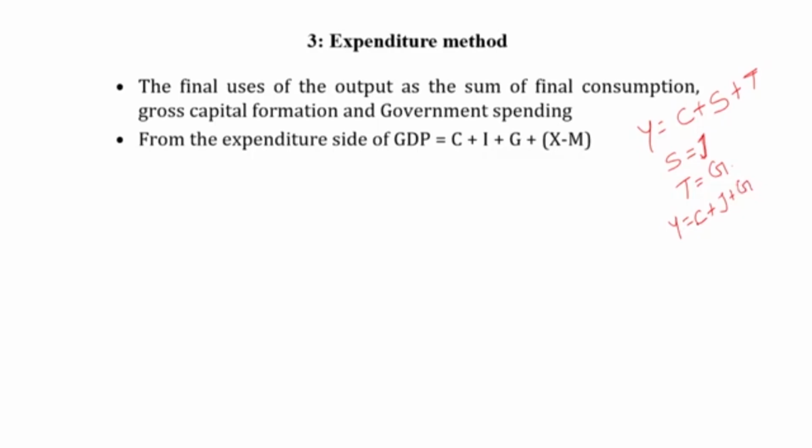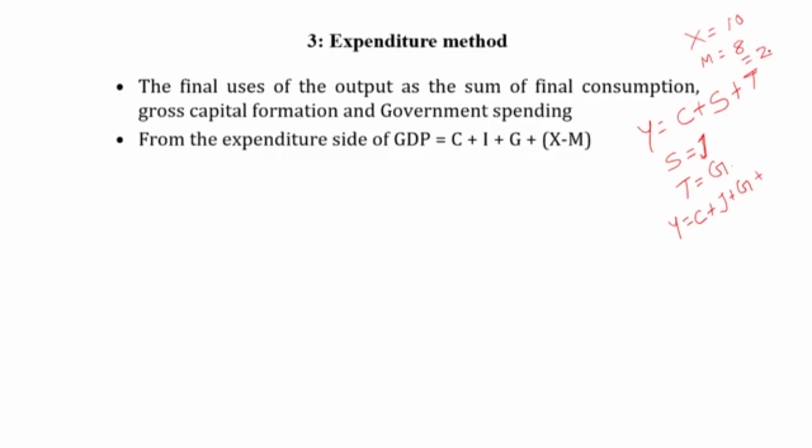So that means total income you are spending on consumption of goods and services, investment, that is expenditure on capital goods, then government expenditure, plus you will be exporting goods and services, at the same time importing as well. Suppose export is for example 10, import is for example 8, then the net export is 2.